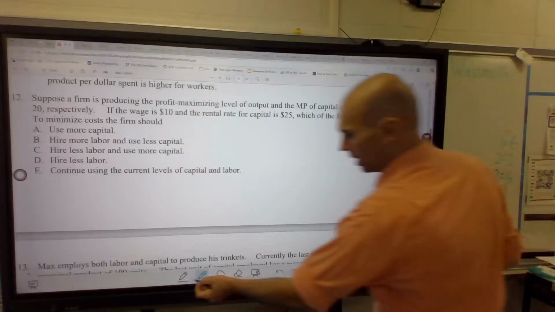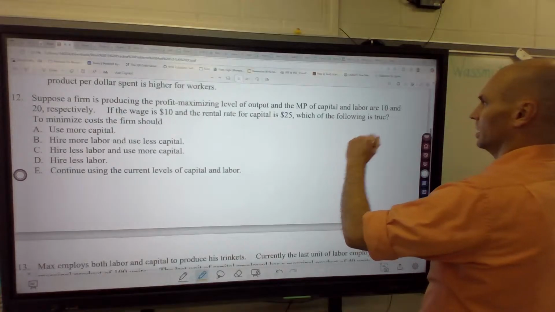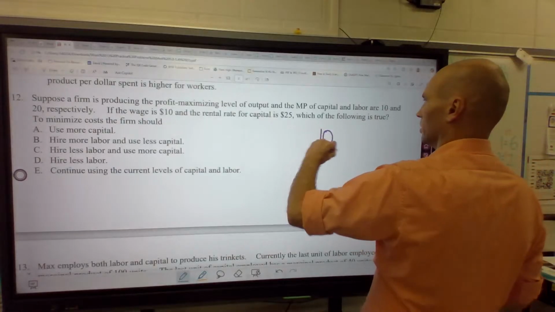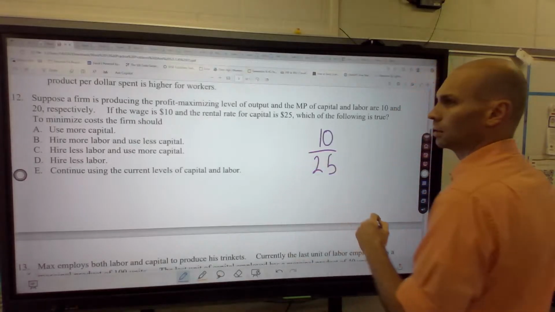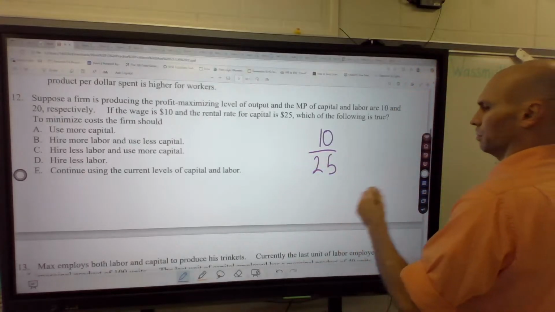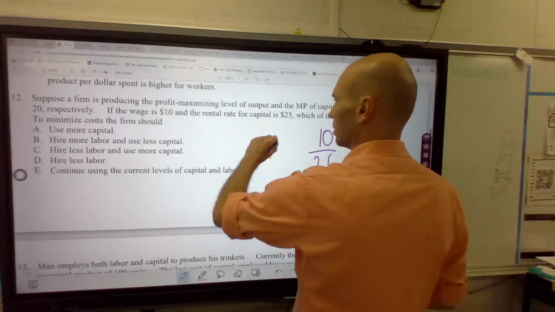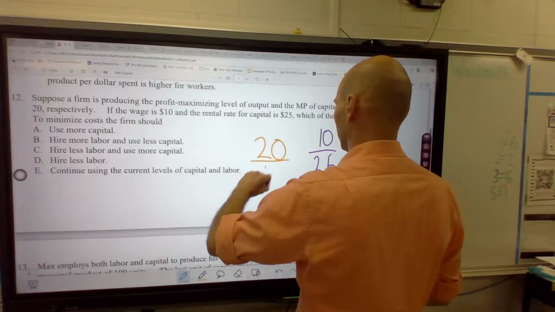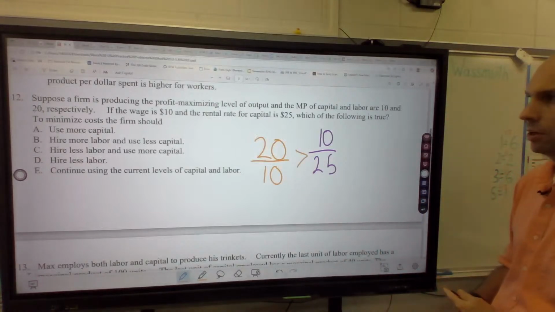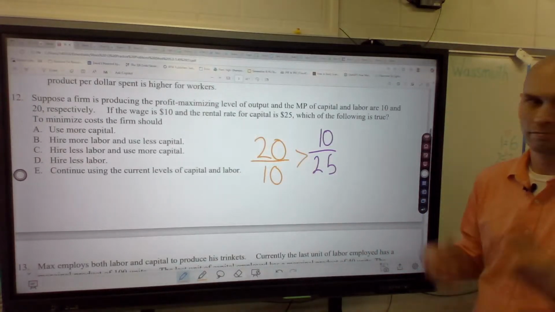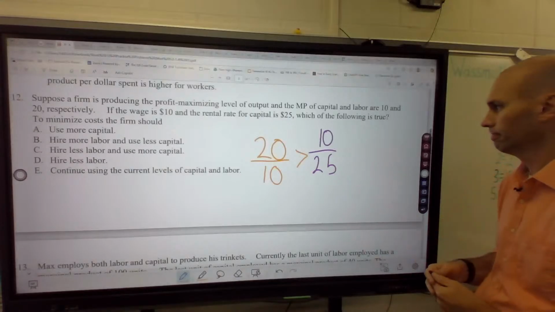If my capital is 10 and the rental rate's 25, but labor is 20 and the wage rate is 10, well, what should I do? More labor and less capital. That's it. Always do more of the bigger one and less of the other.